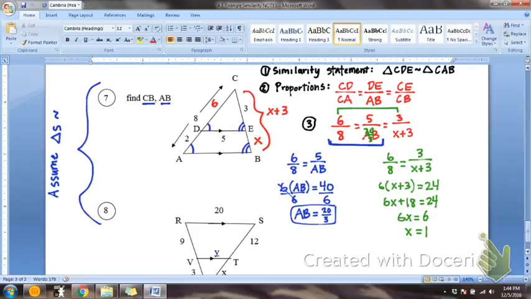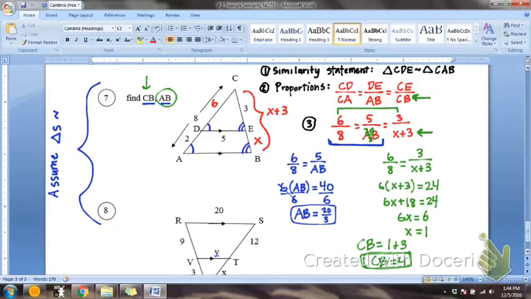So you get x to be 1? Okay, but the question didn't say what is x. The question asked us to find, let's look back. What does it say? Find AB, which we did. And then find what? CB. Let's look in our proportional statement. CB is right here. And so CB is represented by x plus 3. So I can say CB equals 1 plus 3. So CB is 4. I found AB and I found CB.